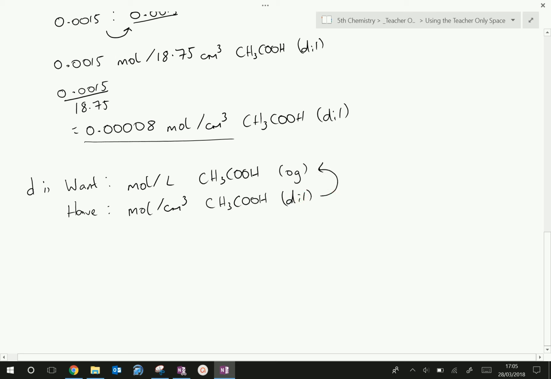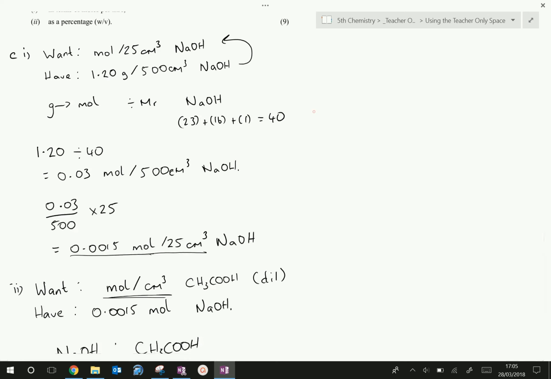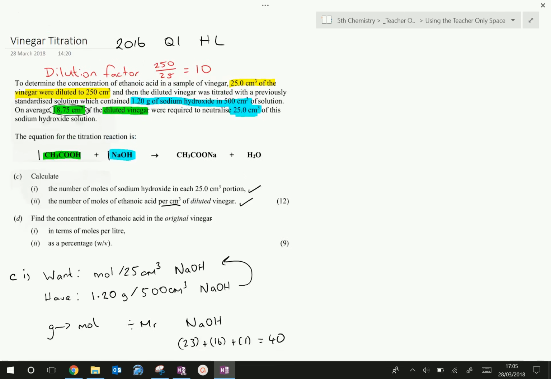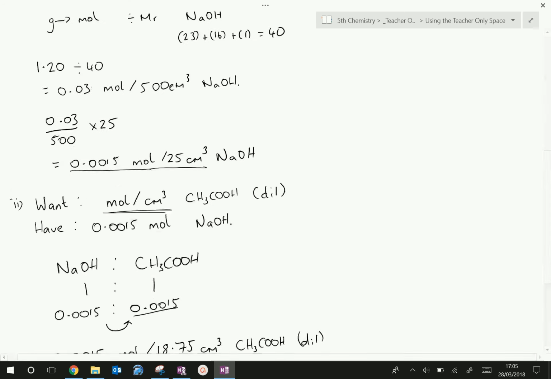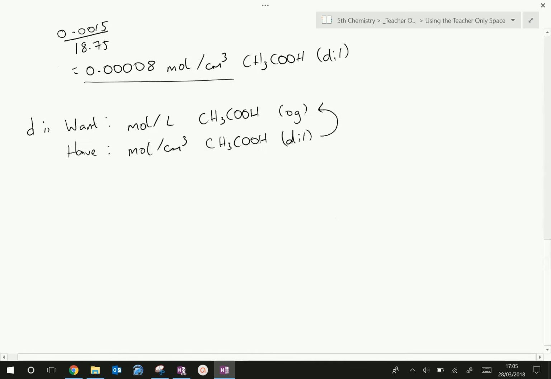Well, first of all, I can turn my dilute vinegar into original vinegar, because I know from back up the top that my dilution factor was 10. That means that my original vinegar is 10 times more concentrated than my dilute vinegar.